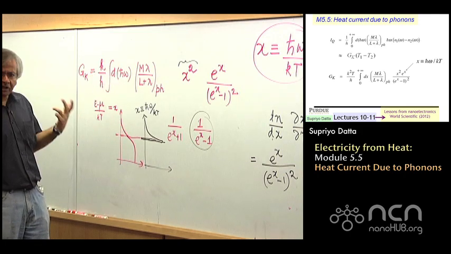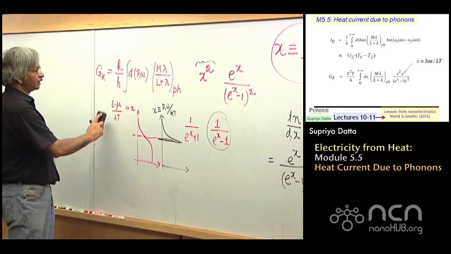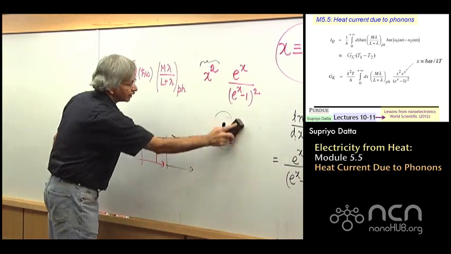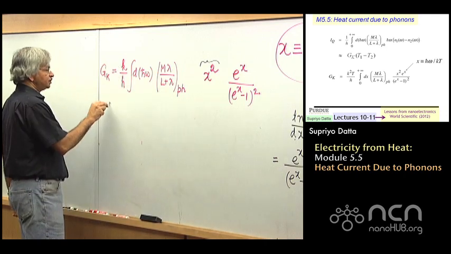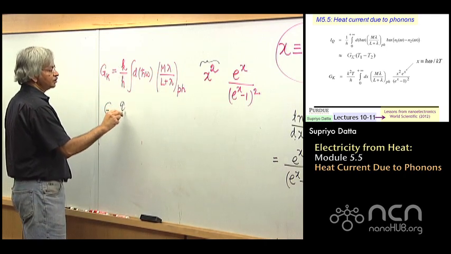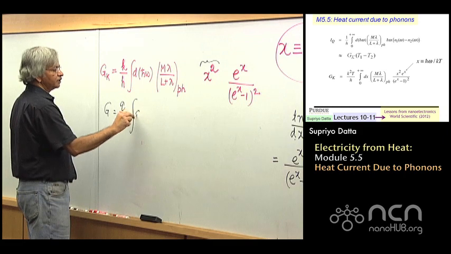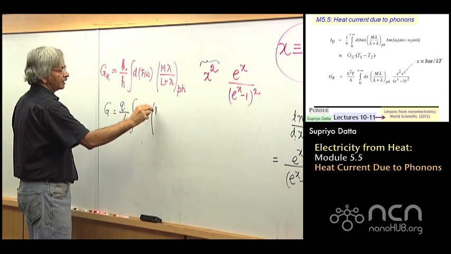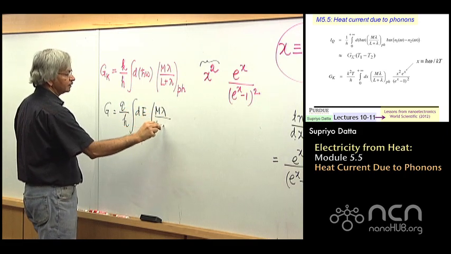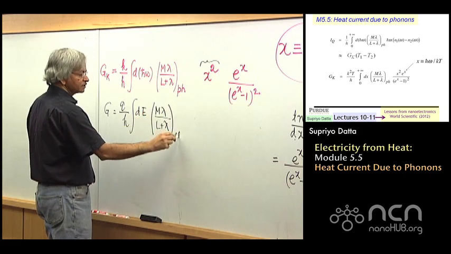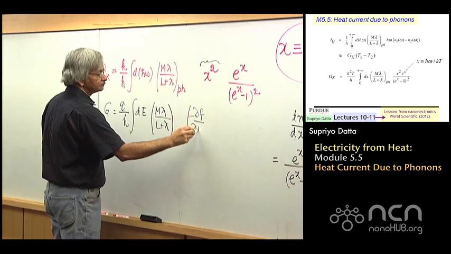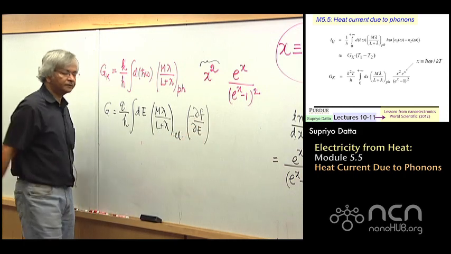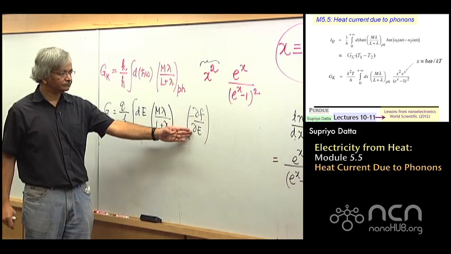And it looks a lot like what we had for electrons, you see. If you look at what we had for electrons, it was something similar. G was q over h integral dE M lambda over L plus lambda due to electrons. And then we had this del f del E factor. That was what we had before.